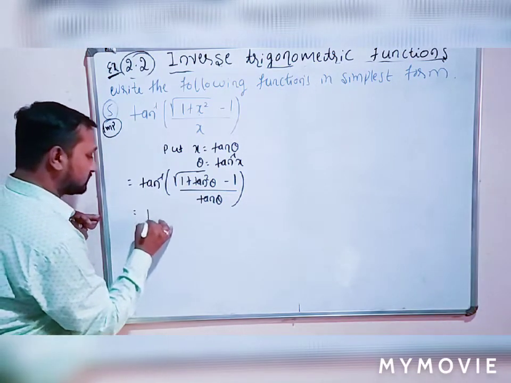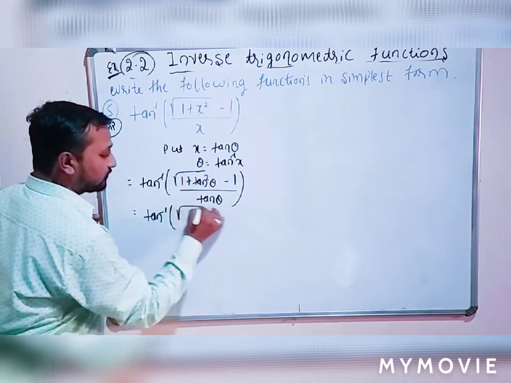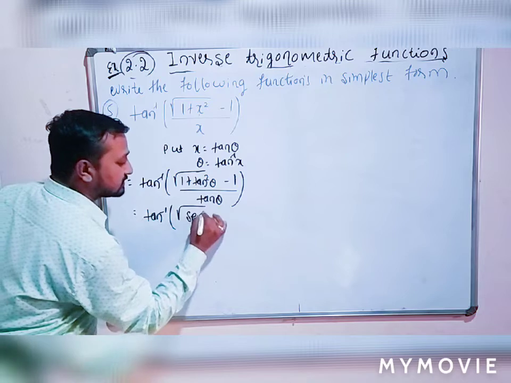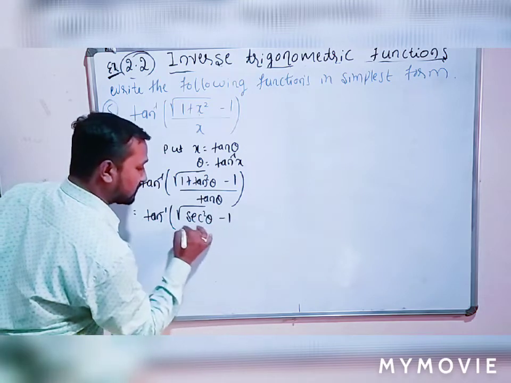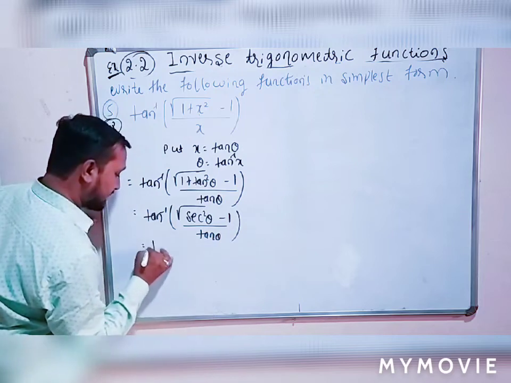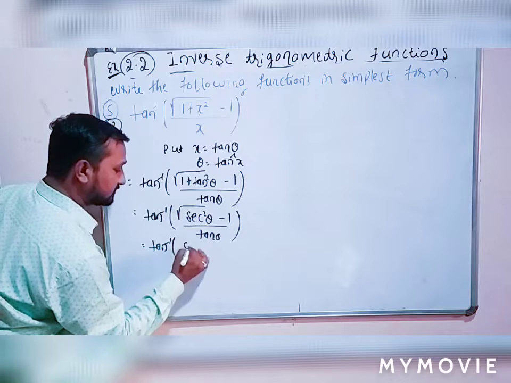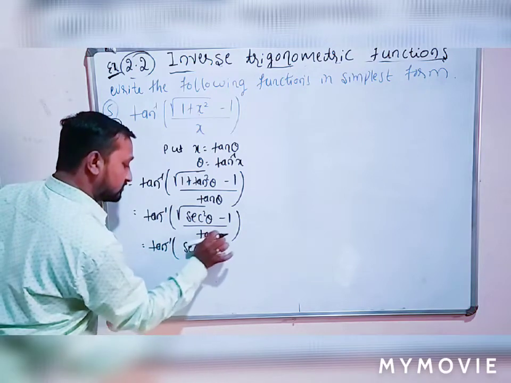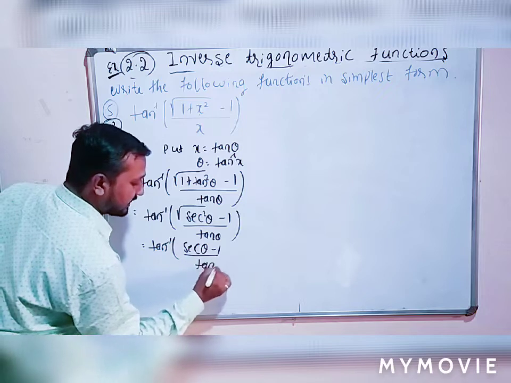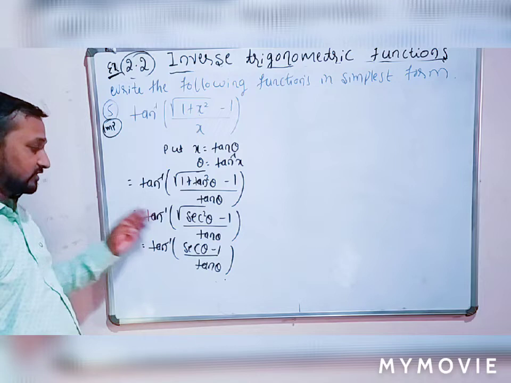So that is tan inverse of, root of 1 plus tan square theta is sec square theta, standard formula, whole divided by tan theta. The root and the square cancel, giving tan inverse of sec theta minus 1 divided by tan theta. Is that clear?